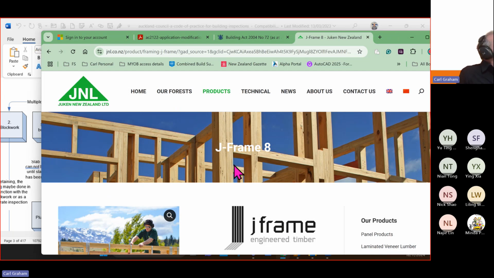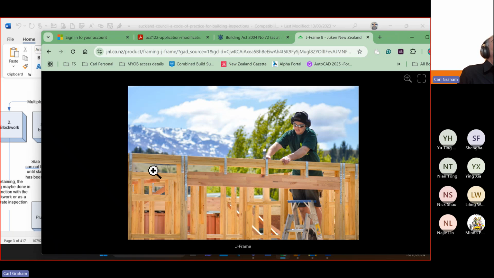The problem as inspectors that we had is that we would normally do an inspection, and we would be checking the moisture in the timber. When you put your moisture meter into the Juken Nissho framing, it measures it wrong, because it's measuring the glue, the formaldehyde glue, right?